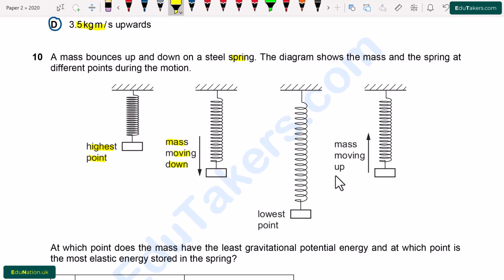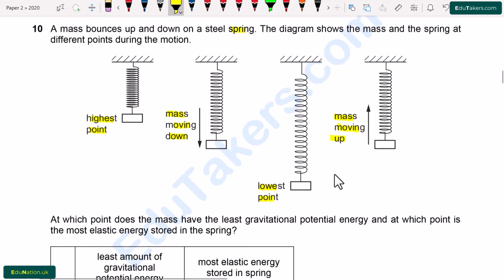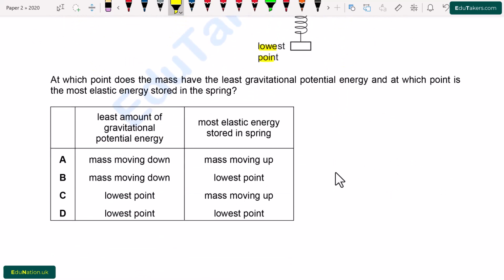Then when it is fully stretched, the position is the lowest point, and at the end the mass moves upward. At which point does the mass have the least gravitational potential energy, and at which point is the most elastic energy stored in the spring?